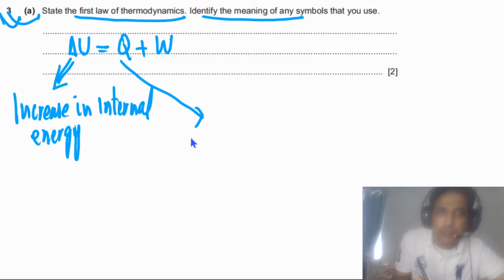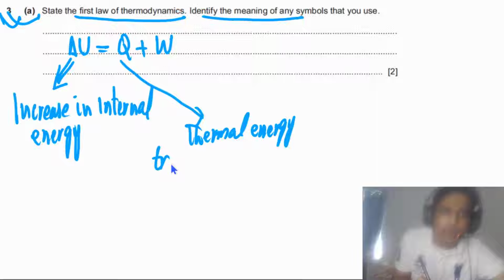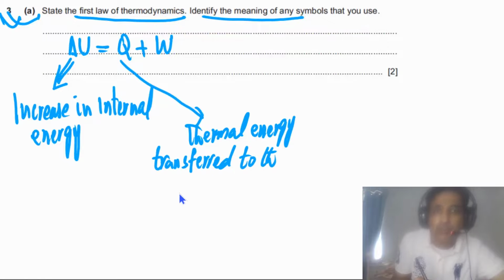And Q is thermal energy transferred. So we can say this is thermal energy transferred to the system, if you take Q as positive. Or simply you can say thermal energy added to the system.